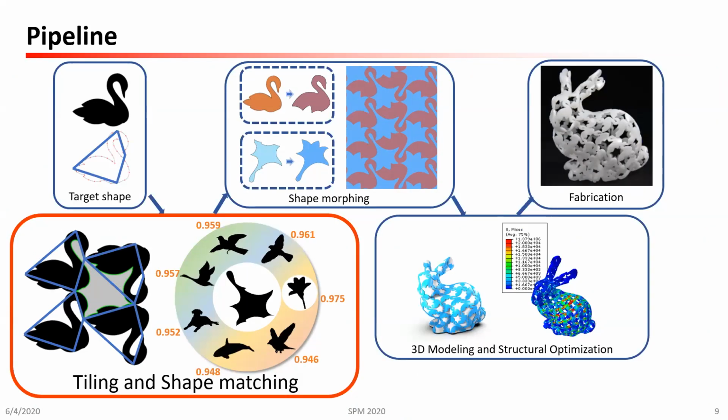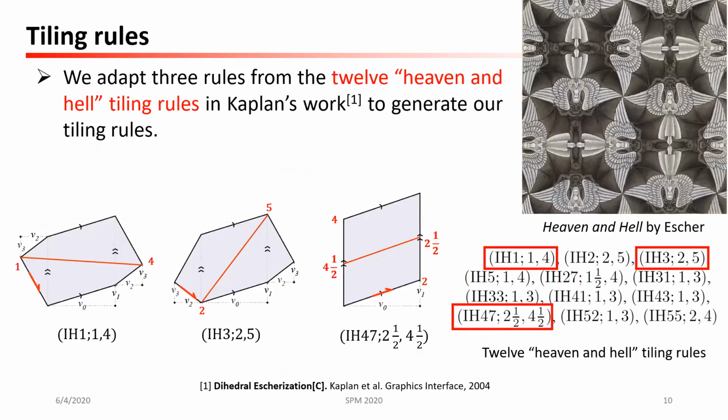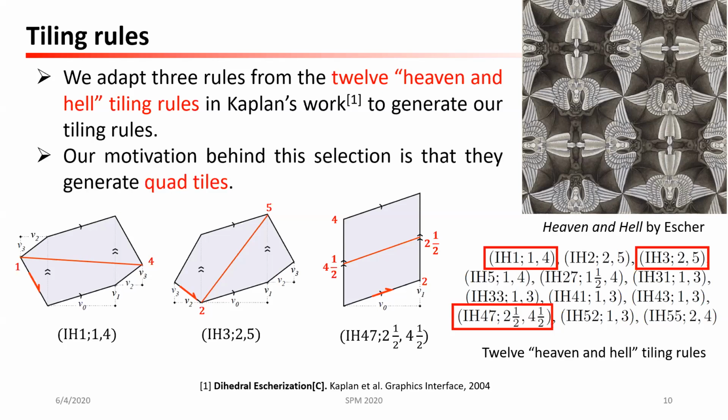First, I will explain tiling and shape matching. Here we adapt the 3 rules from the 12 heaven and hell tiling rules in Kaplan's work to generate our tiling rules. Our motivation behind this selection is that they generate quad tiles, and we adapt these rules to make it more intuitive for placing the initial tiling polygon.